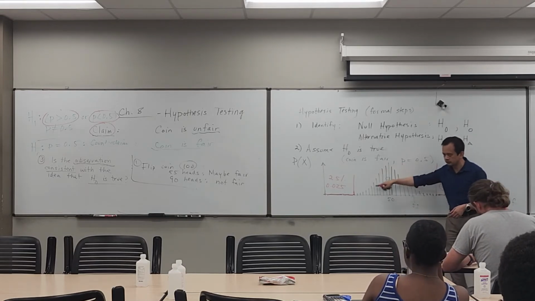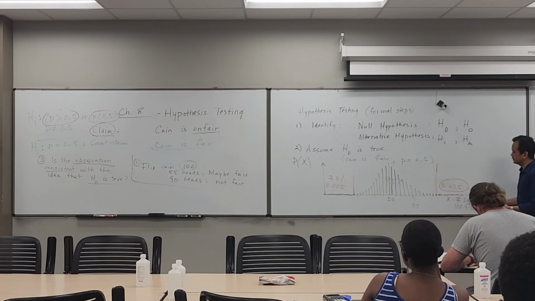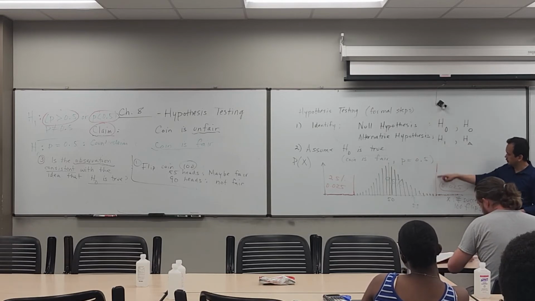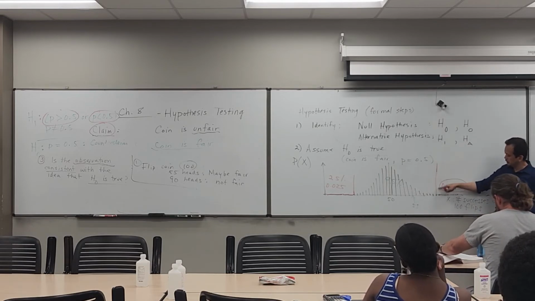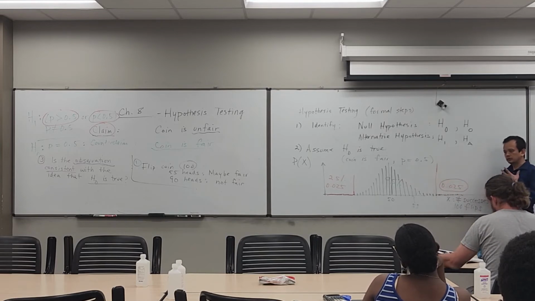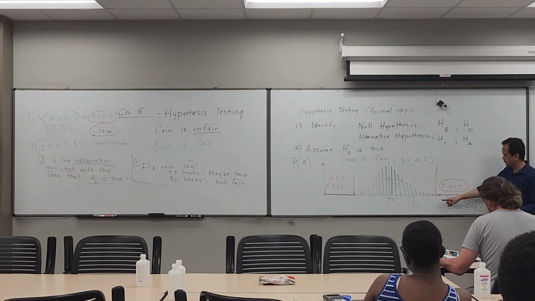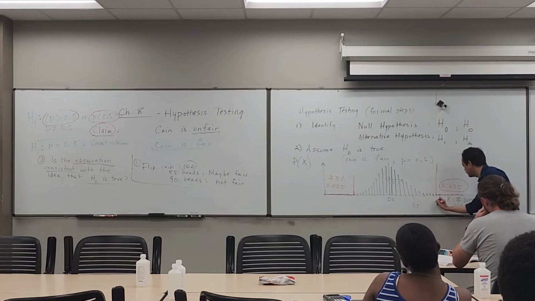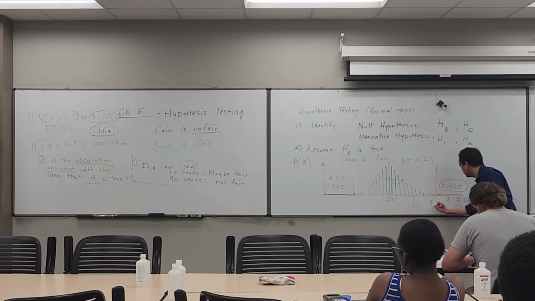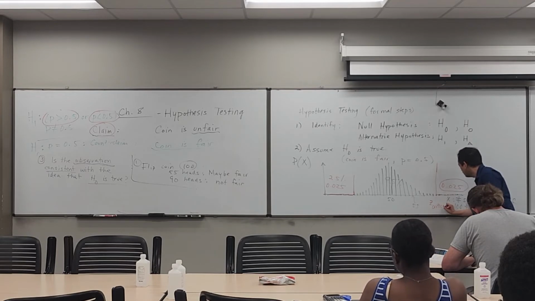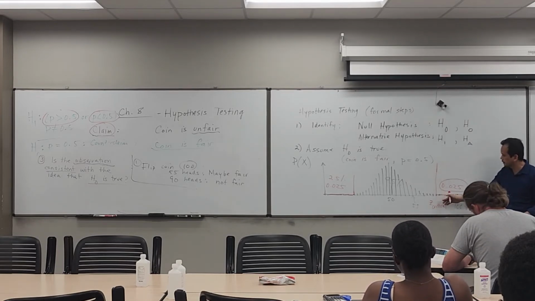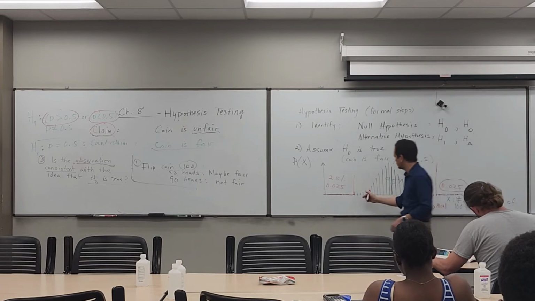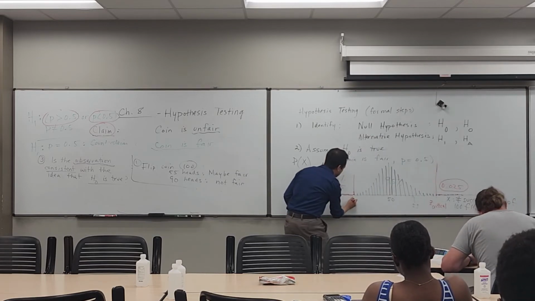So this ends up being a bell curve. So because it's a bell curve, this line where each of the tails starts can be denoted with a z-score. So we have a critical z-score here. So there's a z-critical where the right tail starts, and a z-critical where the left tail starts.